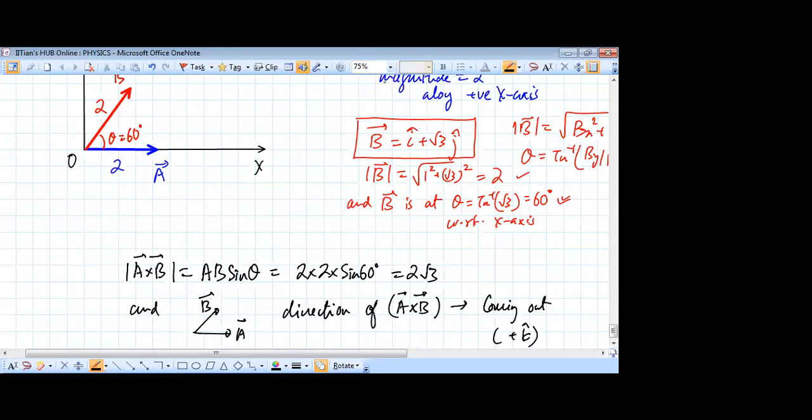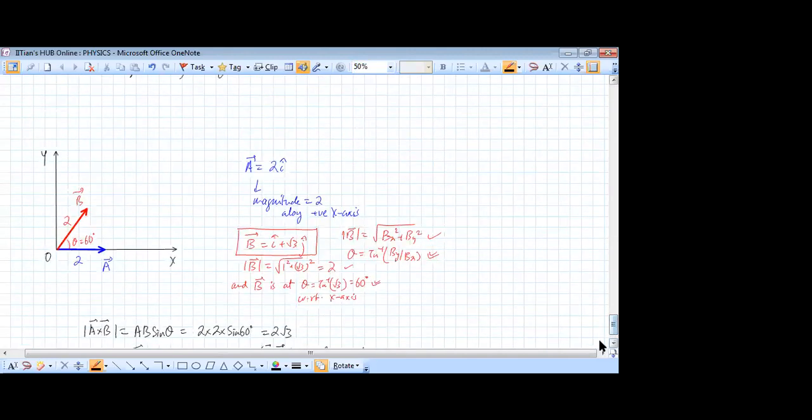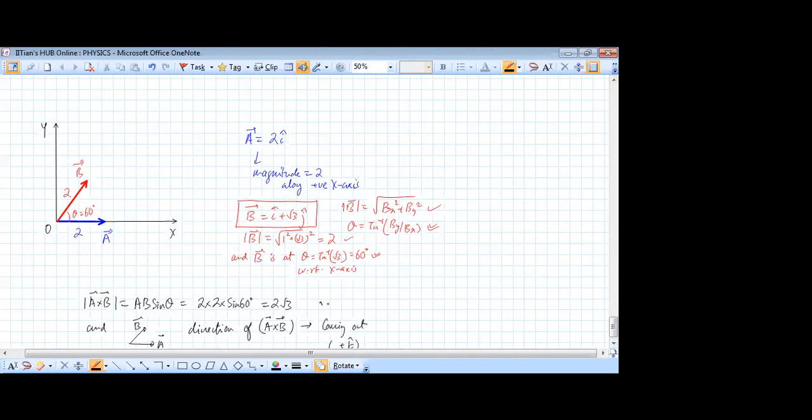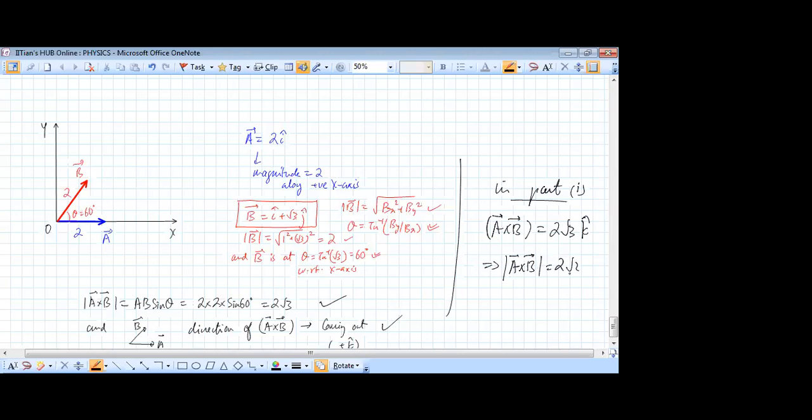So now you can see that what we got earlier from part 1 clarifies what we got. We got this 2 root 3 and coming out. Now in part 1 we had seen that A cross B in component form was 2 root 3 k cap. So that's the same thing. Magnitude of A cross B is 2 root 3, and direction is along positive z axis or plus k cap.